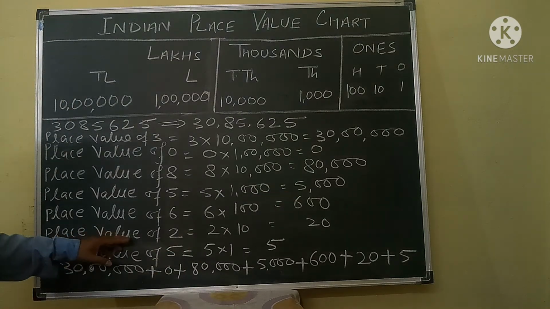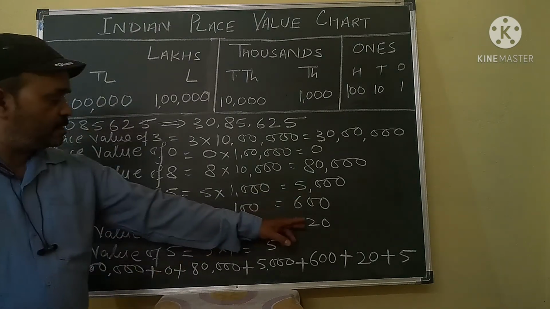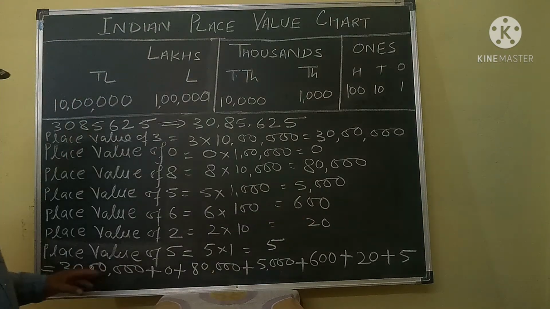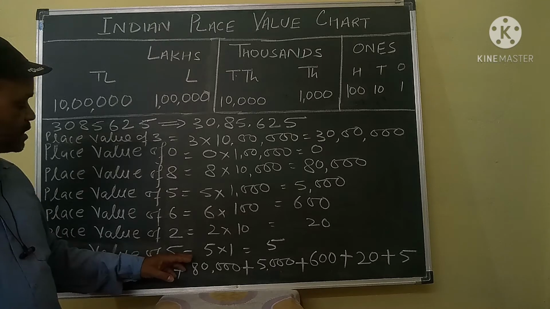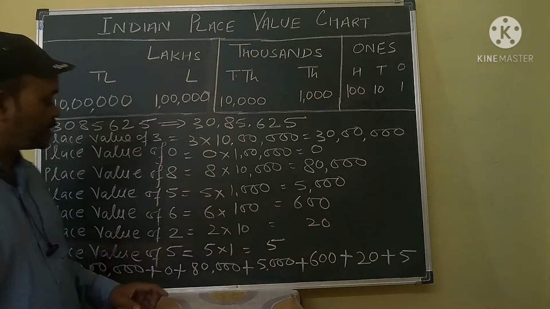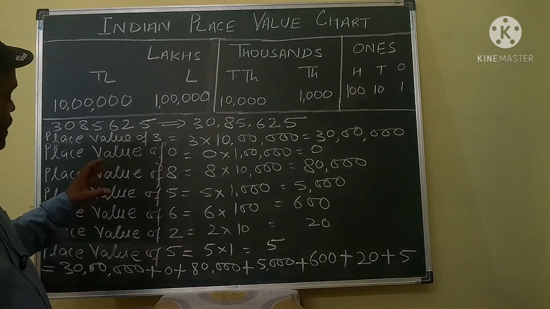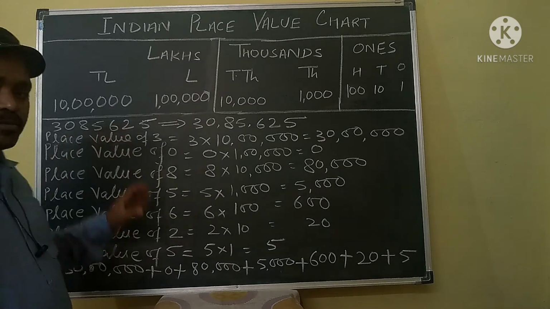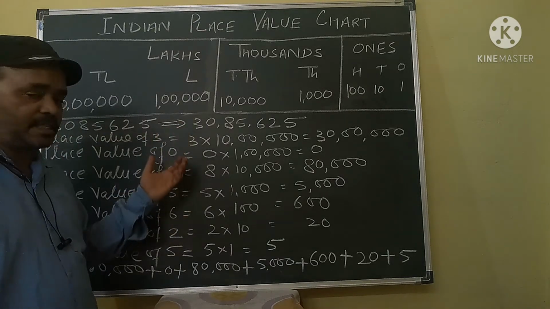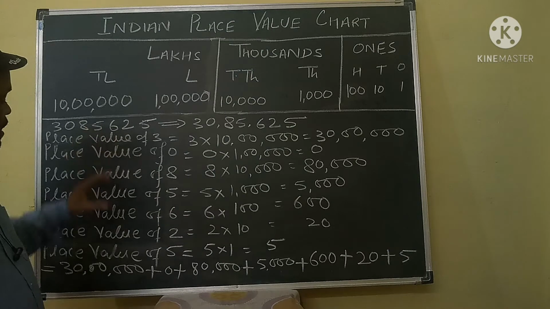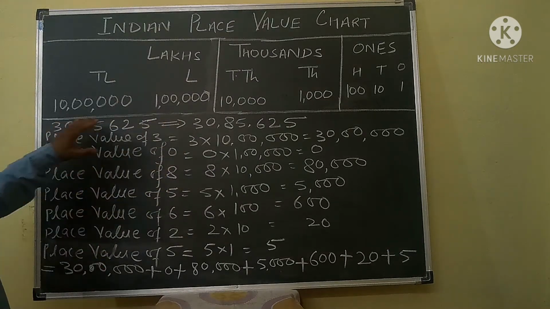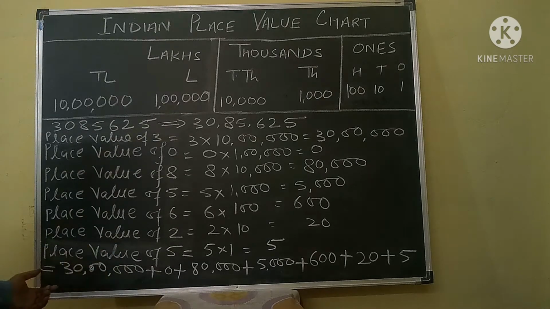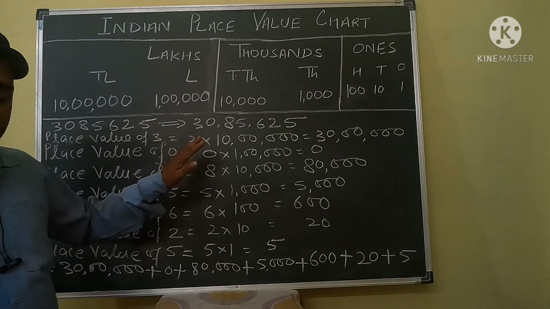The place value of 2 is 20. The place value of 5 is 5. Okay. Then after taking out the place value of each digit in the given number, we can write the expanded form of the given number.